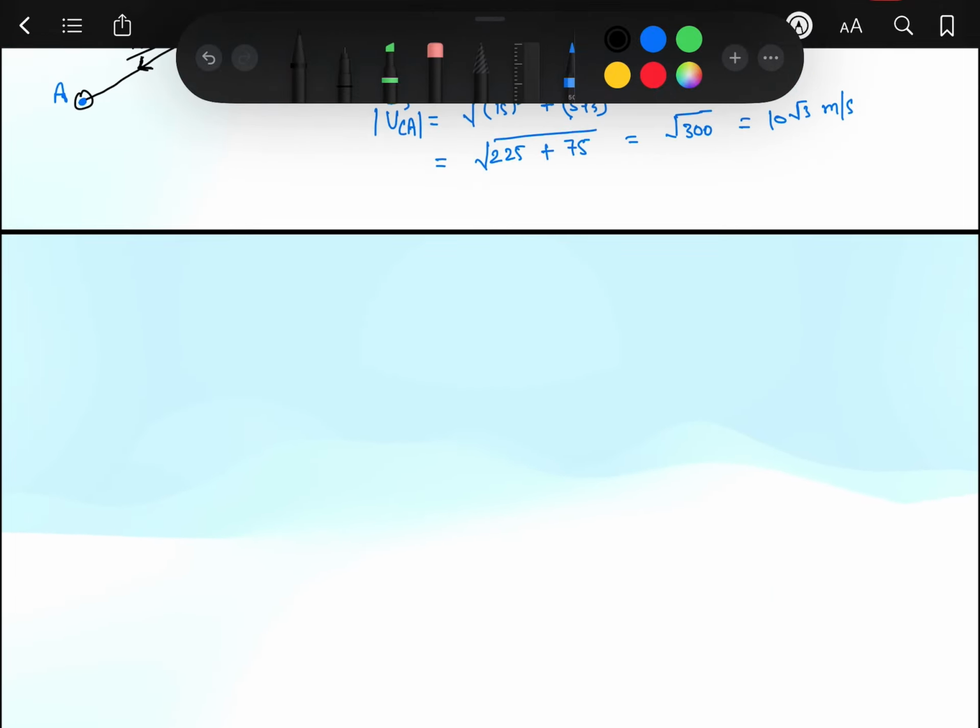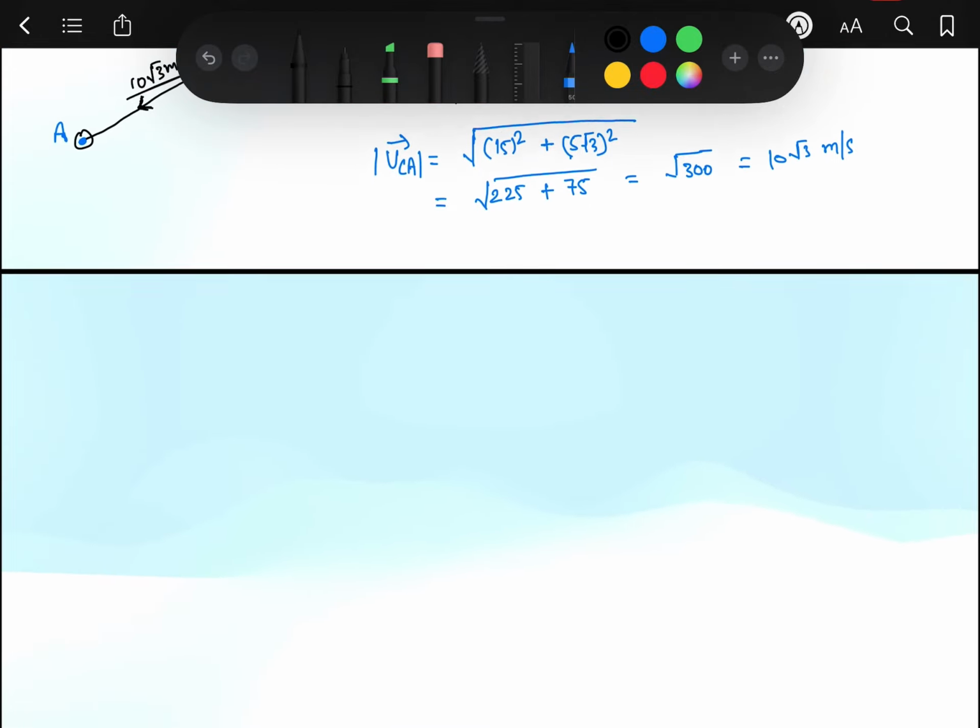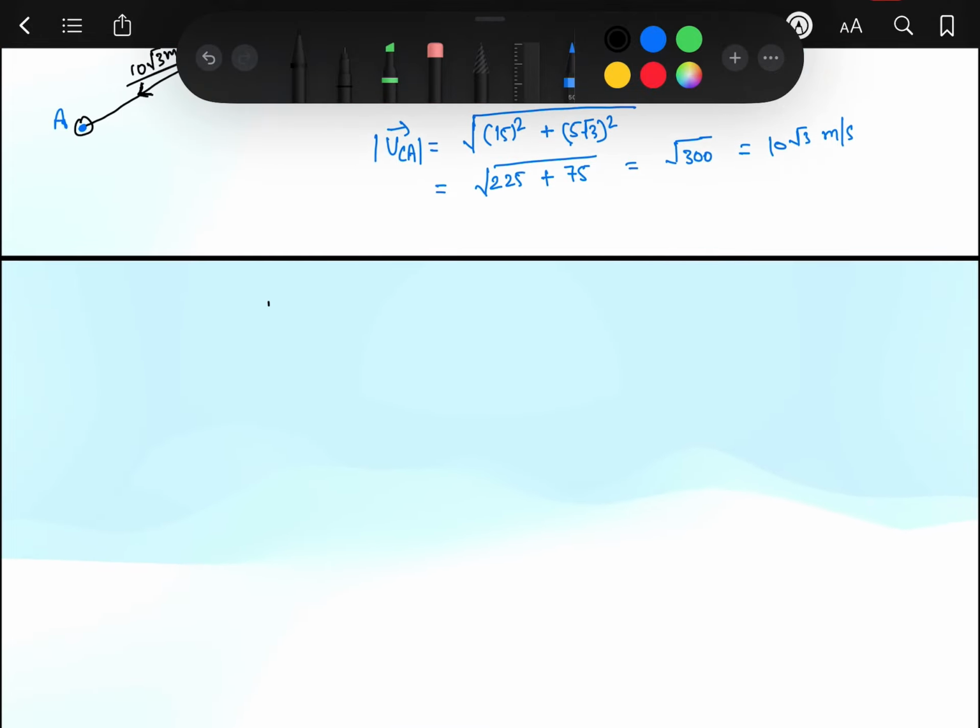So here I will draw this triangle. This is our vertical component of the velocity, this is our horizontal component, and this is the resultant velocity.